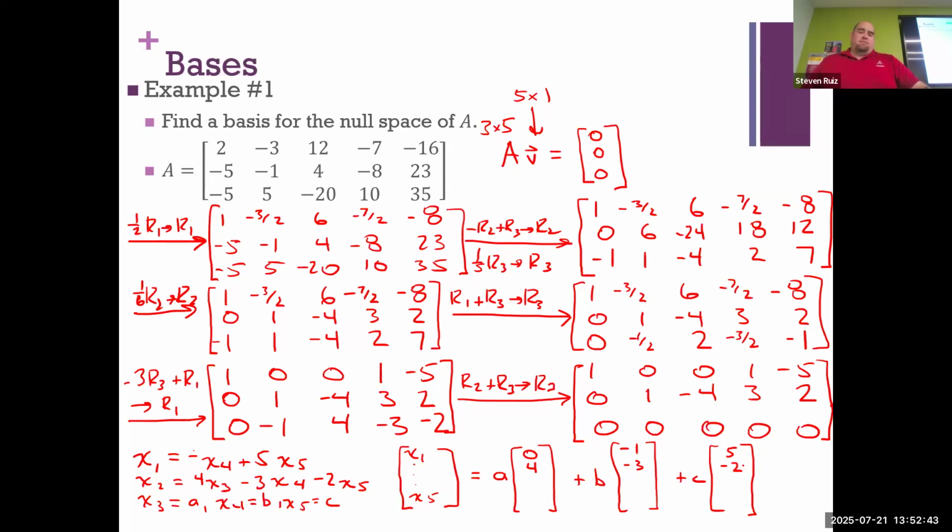What's x3 equal? So these next three should be 1, 0, 0, 0, 1, 0, 0, 0, 1.